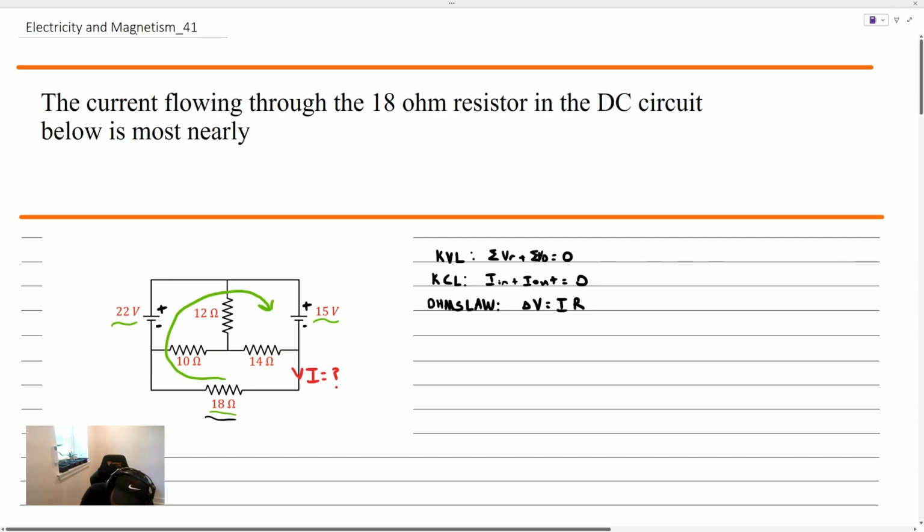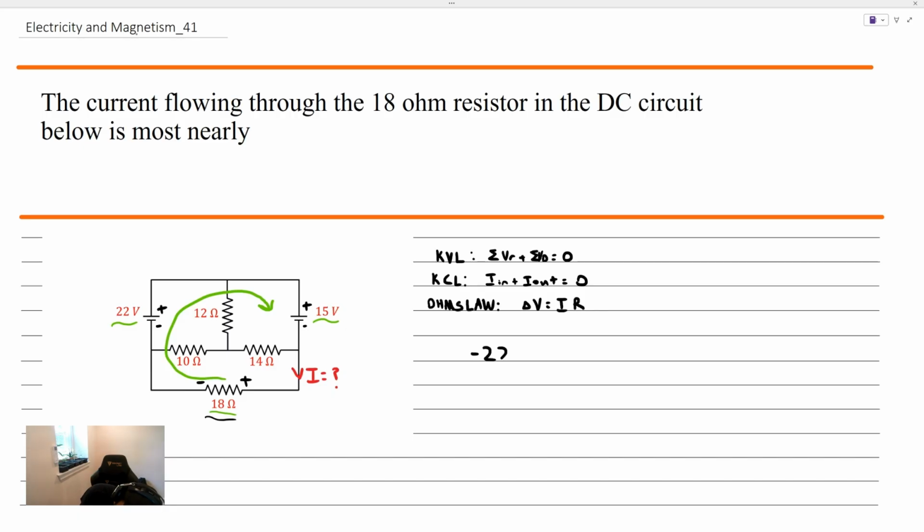And then as you're moving around in this loop clockwise, you experience a voltage drop due to a resistor. So you would be at a high voltage and then a low voltage traveling across that resistor, and that's because resistors absorb energy. Now that we have all our signs labeled for our relevant components of our outer loop, what we're going to do is write our first loop equation.